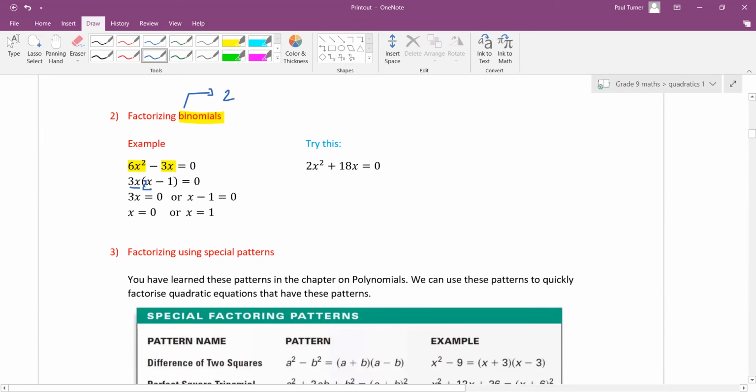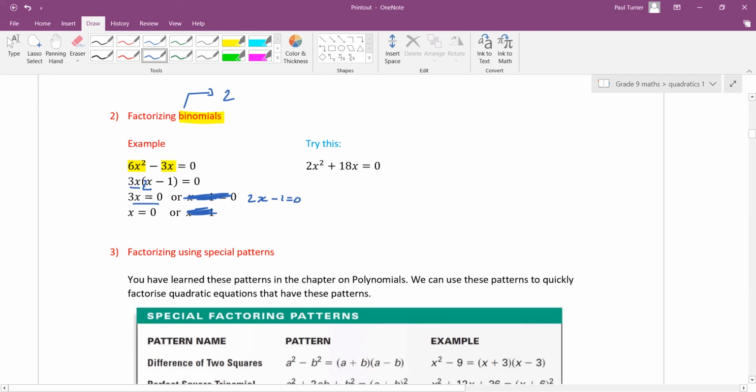So we can fix this one then. We're going to have to fix this one here, so you can rub that out. We'll fix it. So 3x, either 3x equals 0 or 2x minus 1 equals 0. Why didn't I see that before? Anyway, we then just find x.